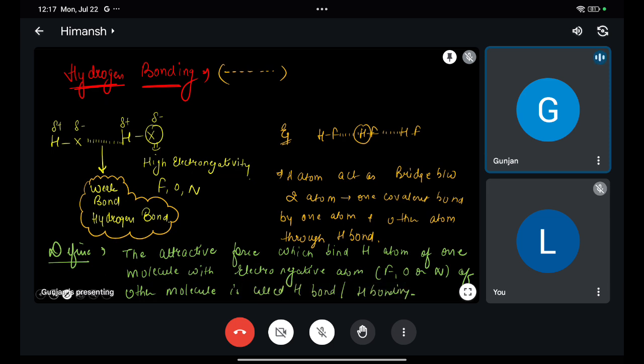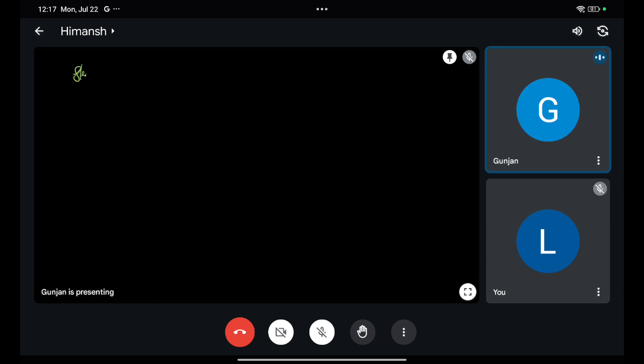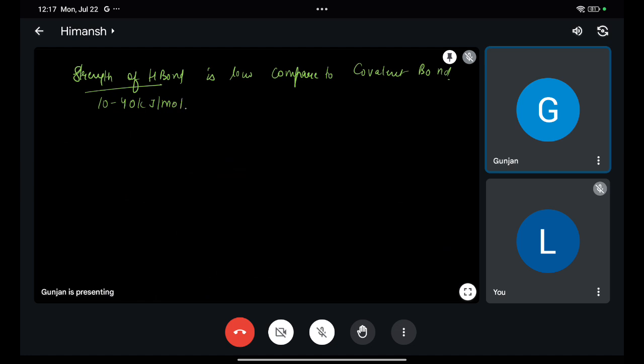Strength of hydrogen bond is very low compared to ionic bond and covalent bond. The range over here is 10 to 40 kilojoule per mole, while for covalent it is 400 kilojoule per mole.